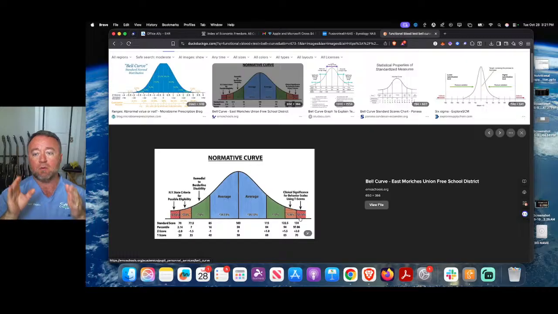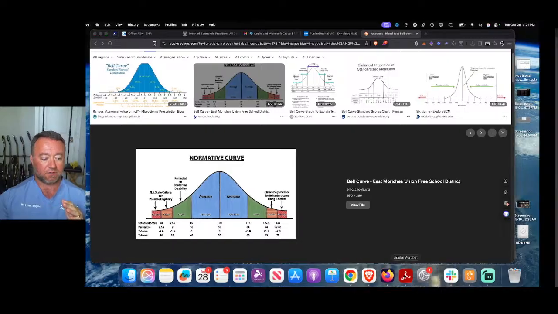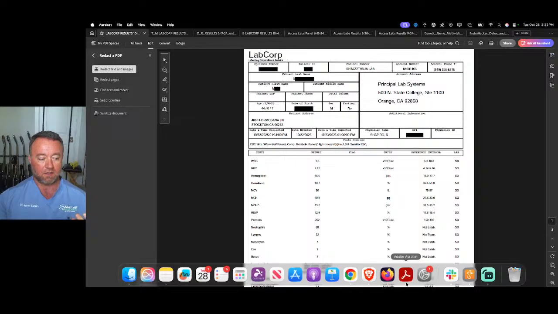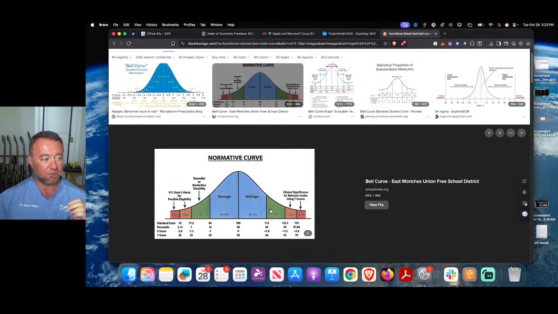When you look at a blood test panel, see here over in this column, you have these reference intervals. Those are the reference ranges. If you're in between these numbers, you're within the green zone. But if you're outside of those numbers, then you are out in what I call the red zone. So let's go back to this screen.